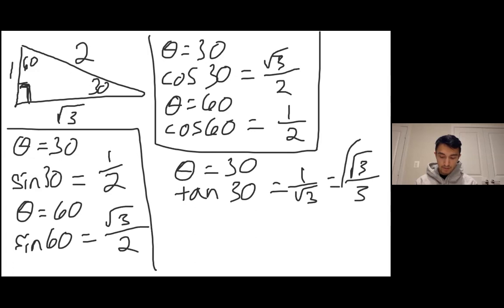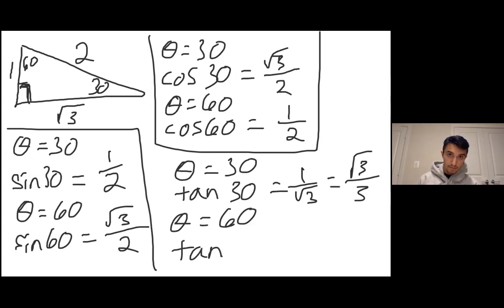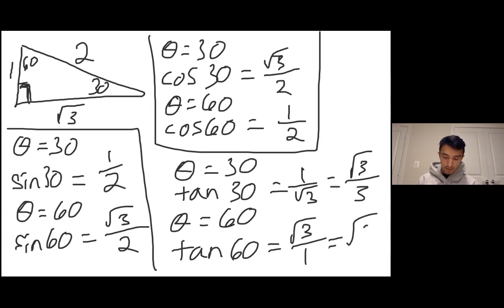So that's the final one, final answer there. Now we're doing 60, the tangent of 60 is opposite, which was square root of 3. And next to 60 is 1. So this is just square root of 3. That one's easy. Nice and easy. Cool.